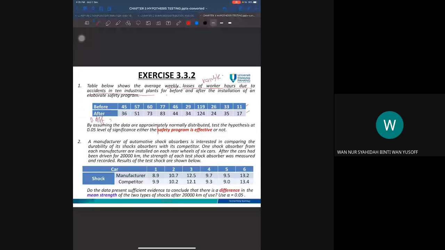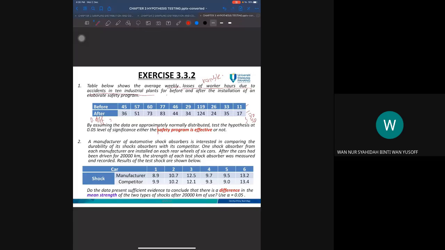Based on the hypothesis we decide whether before minus after or after minus before. So you have the sample data here. After you calculate the data difference, you will have S bar D and also the SD. So we go to the hypothesis: safety program is effective or not?